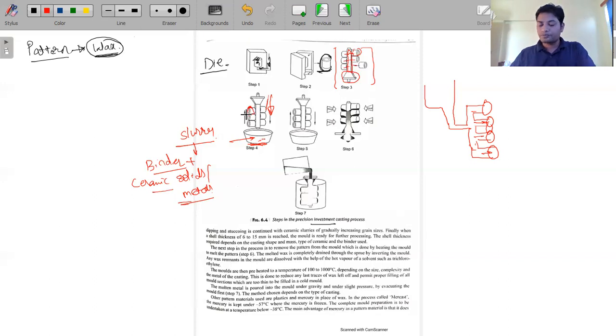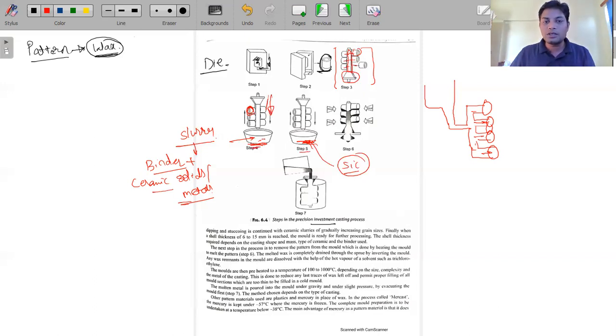Here we are using refractory materials or silica sand, SiO2 silica sand, so that the coating, whose surface roughness is high, over the wax surface, becomes a little bit uniform when you dip it inside the silica sand particles or refractory materials. The surface roughness will be much better than what we get in this one.